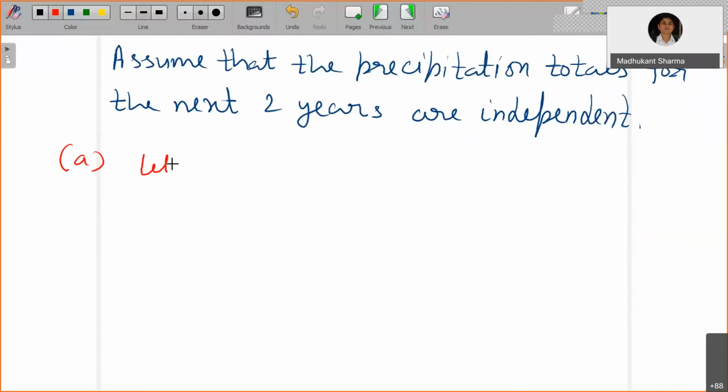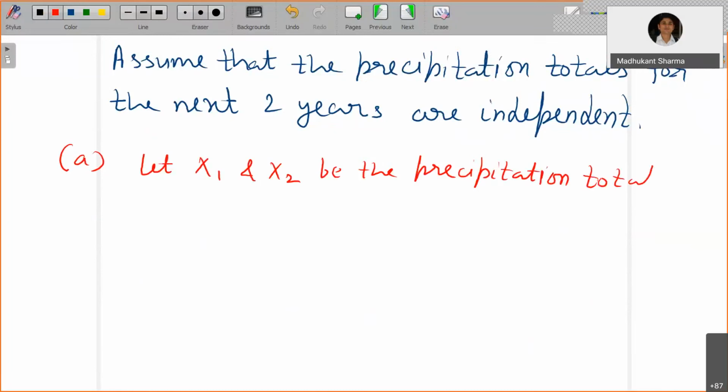Let x1 and x2 be the precipitation totals for the next 2 years. Since the first year follows normal, the second year also follows normal, and assuming that the precipitation totals for the next 2 years are independent, then from the previous exercise x1 plus x2 will also follow the normal distribution.